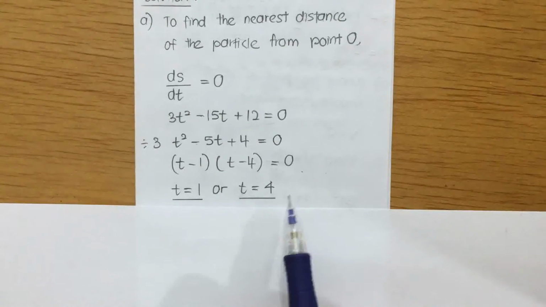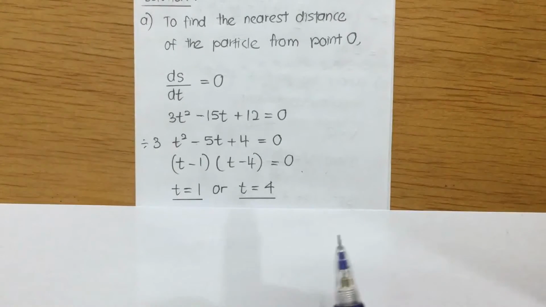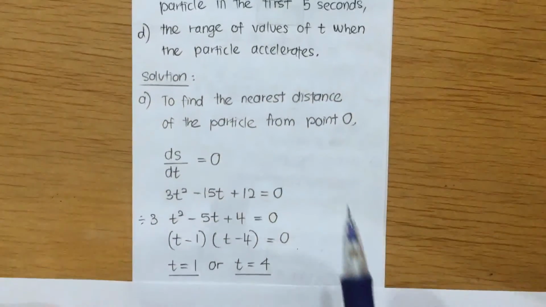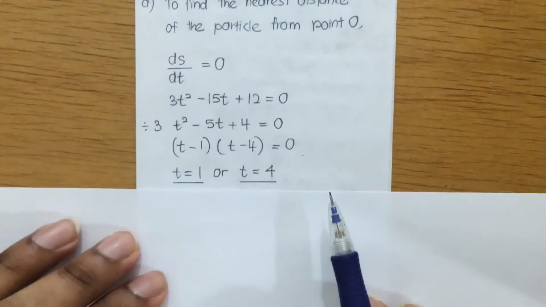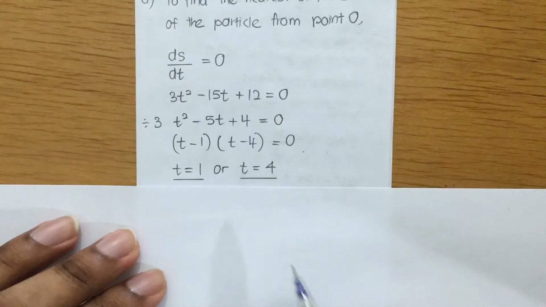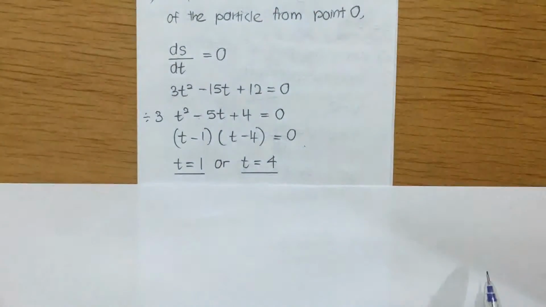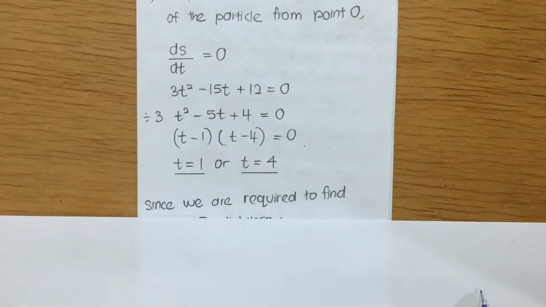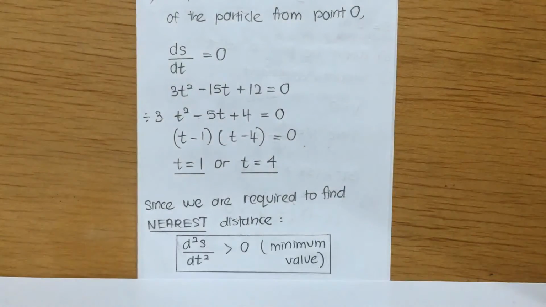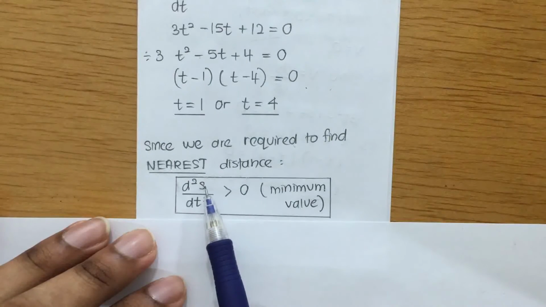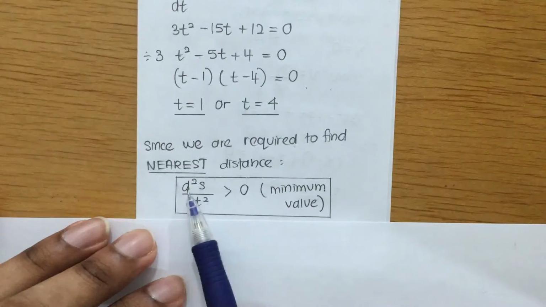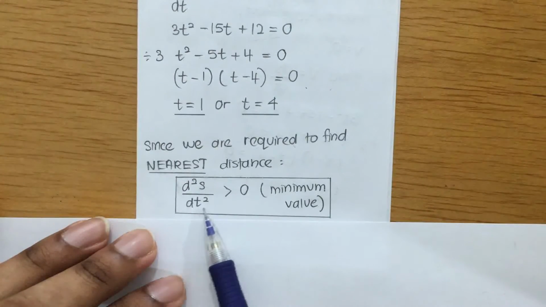So you get these two possible t values where you will get the nearest distance of the particle from point O. To double check which t value gives the answer, we're going to do a double differentiation over here. We're going to differentiate s again, which is d square s over dt square.